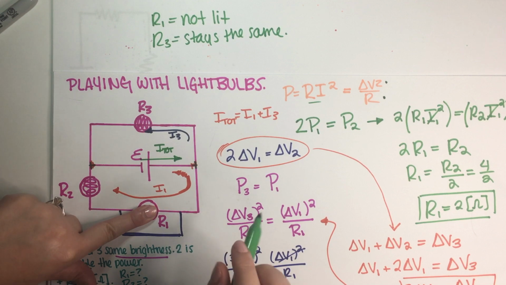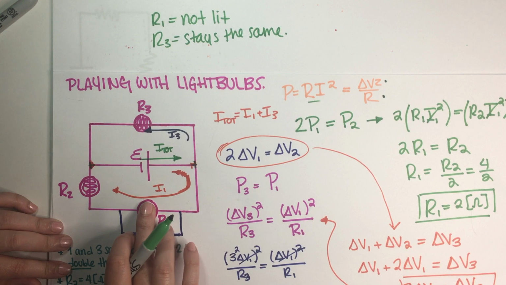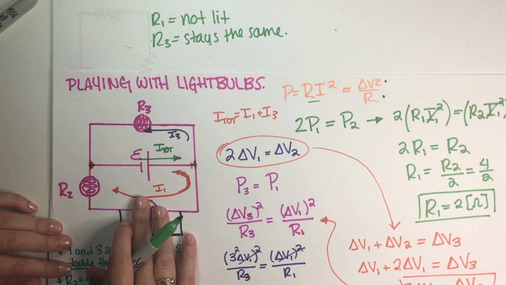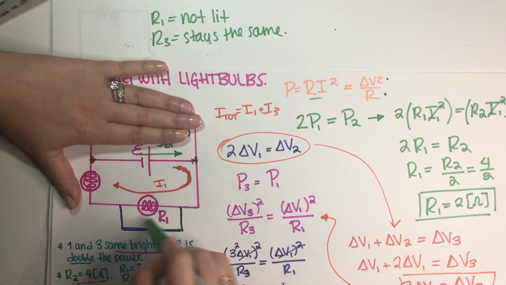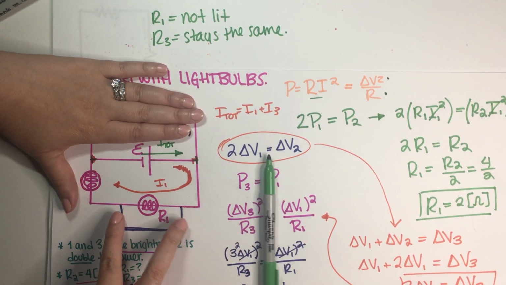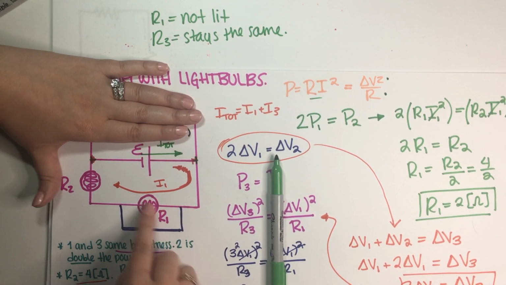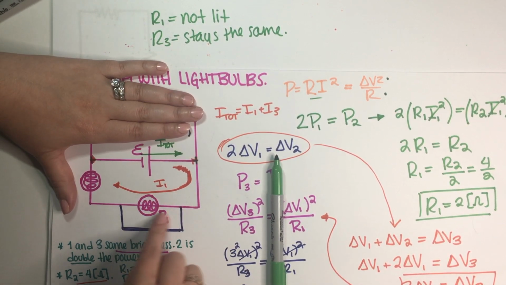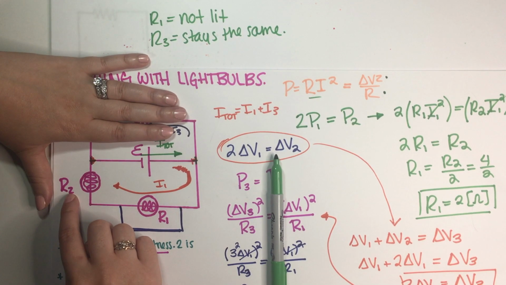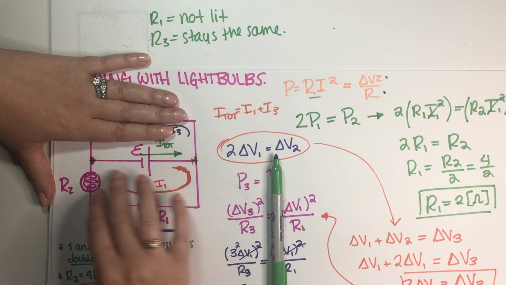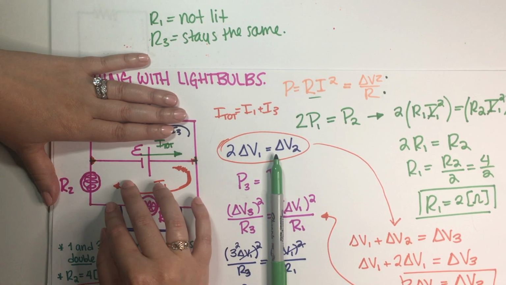If you short out this resistor, then all of the voltage on this branch, which used to be split up over here and then over here, now, since this element is not operational anymore, it's de-energized, delta V has to increase for R2, because instead of dropping some of the voltage, R2 is gonna drop all of the voltage.